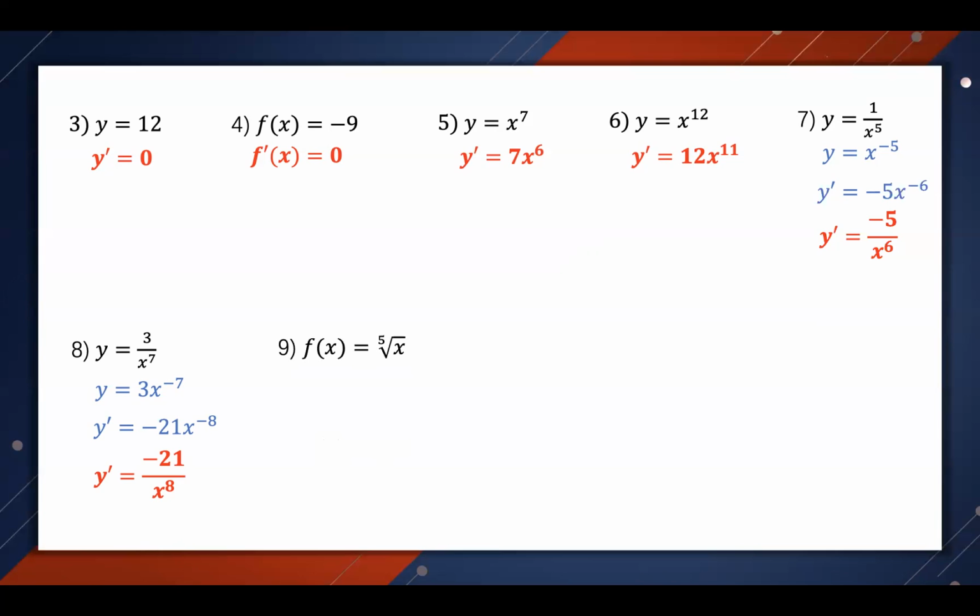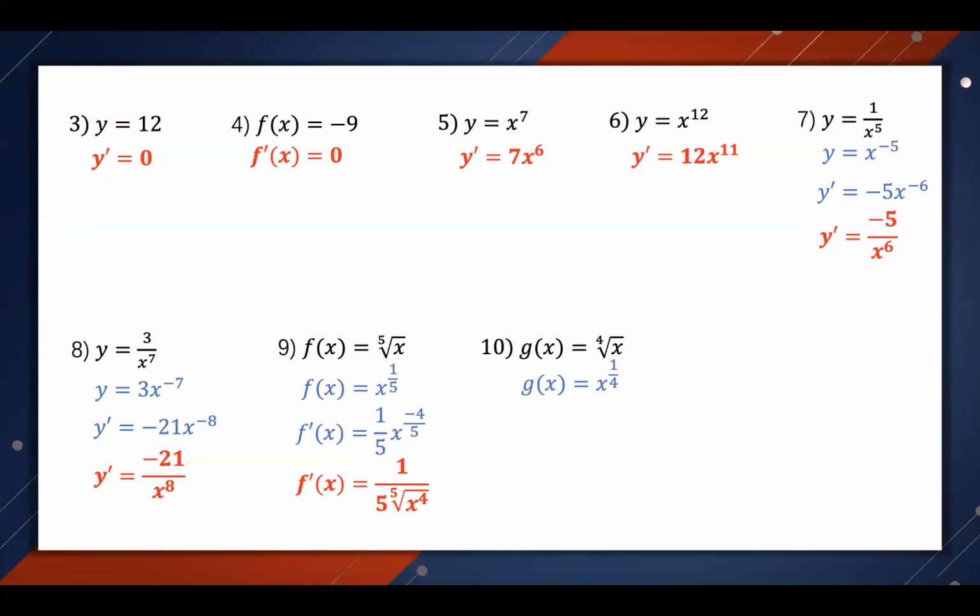For this one, f of x equals the fifth root of x, and we write it in general form as x to the power of 1 divided by 5 and put it before the x, and we will get f prime of x equal to 1 divided by 5 times x to the power of 4 over 5, the fifth root of x to the 4.